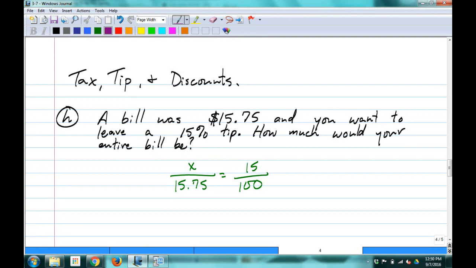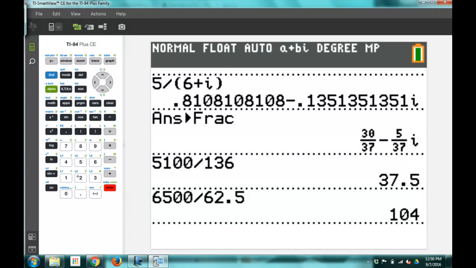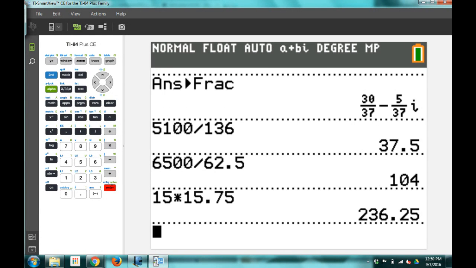So we need to know how much is the tip on $15.75 if we're leaving a 15% tip. That's what we're trying to leave here. Okay, so cross multiply. 15 times $15.75 is $236.25.